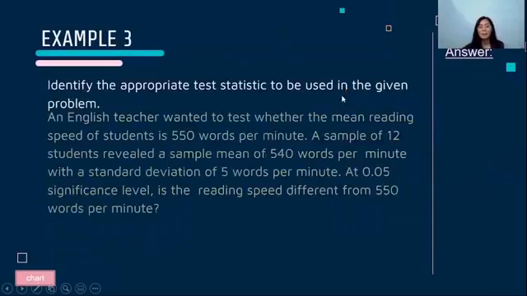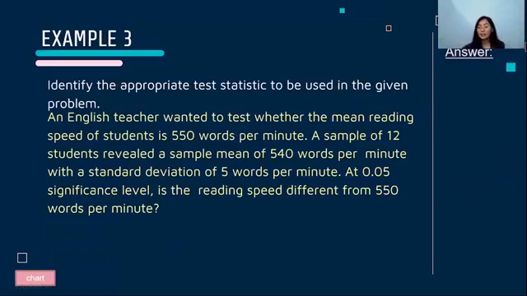An English teacher wanted to test whether the mean reading speed of students is 550 words per minute. A sample of 12 students revealed a sample mean of 540 words per minute, with a standard deviation of 5 words per minute. At 0.05 significance level, is the reading speed different from 550 words per minute?